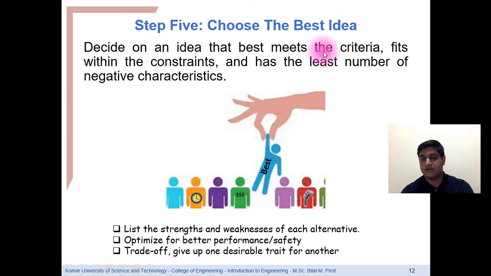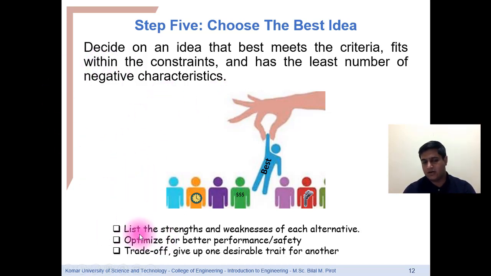Then based on the criteria and constraints, you can decide on choosing the best solution, the one that has the least number of negative characteristics. Because in most cases, when you have some alternatives for solving a specific problem, most probably there are some negative pointers for each alternative. So you will choose an alternative with the least number of negative pointers.